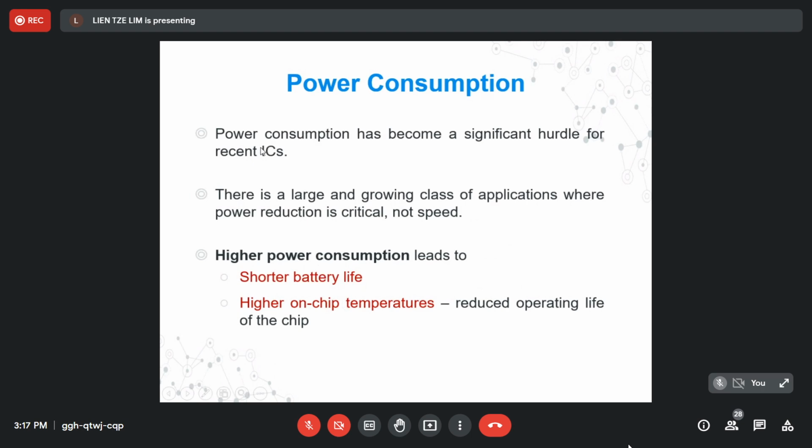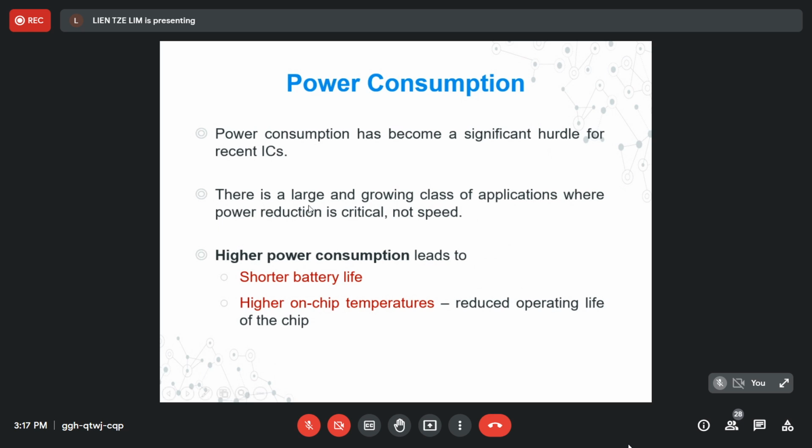Power dissipation has become a significant element that has to be considered for recent ICs, the integrated circuits.